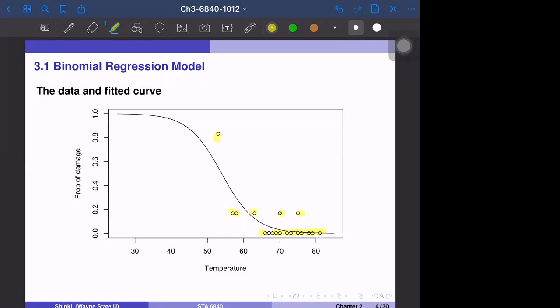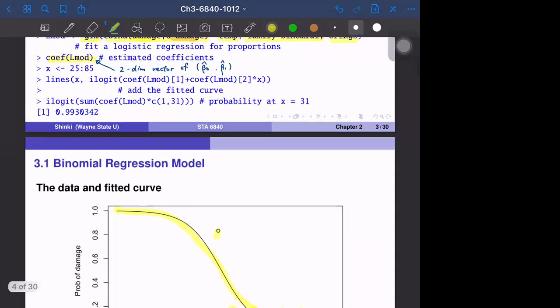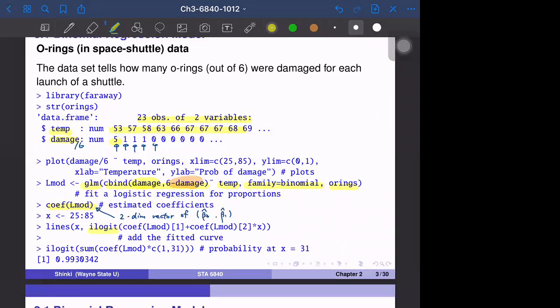If you want to fit a curve by logistic regression, you have to use the inverse logit function. The inverse logit function is e to the power eta over 1 plus e to the power eta. This eta is any number, but the inverse logit of eta is between 0 and 1.